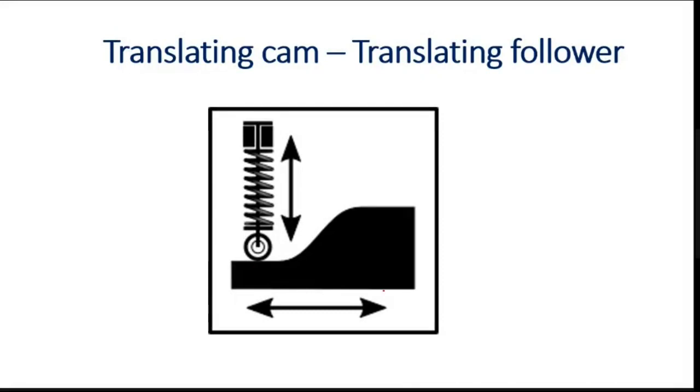It means your cam itself has a profile like this and it will have a translation motion like this. That motion is transferred to your follower, which will be translating up and down. So it is converting your horizontal movement to a vertical movement. For that, we use this type of cam.